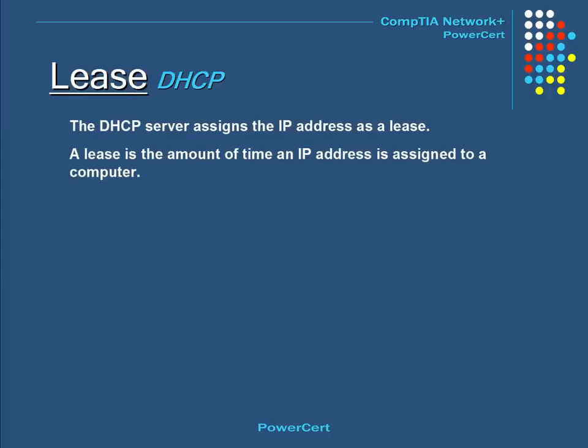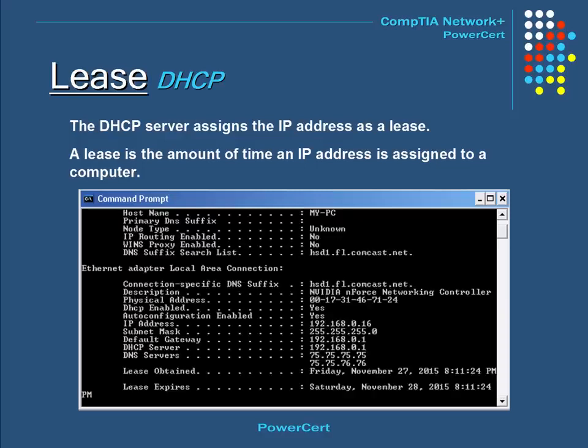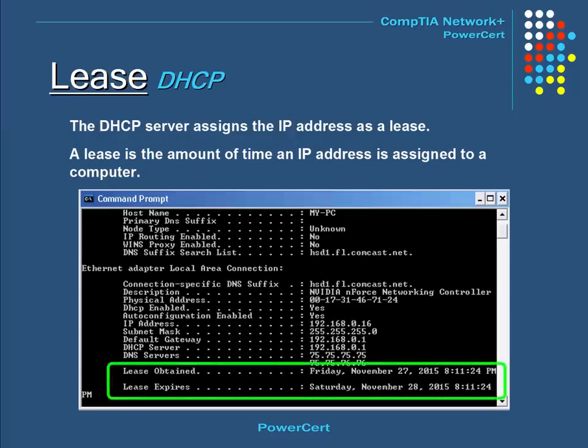The lease duration could be a day or more, depending upon the lease settings of a DHCP server. So for example, if I do an ipconfig /all in a command prompt on my computer, you can see that the DHCP service on my router has assigned my computer an IP address with a lease of 1 day.